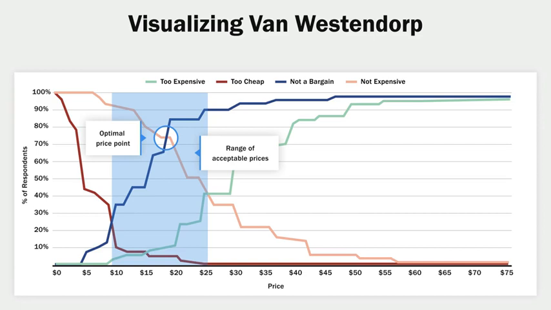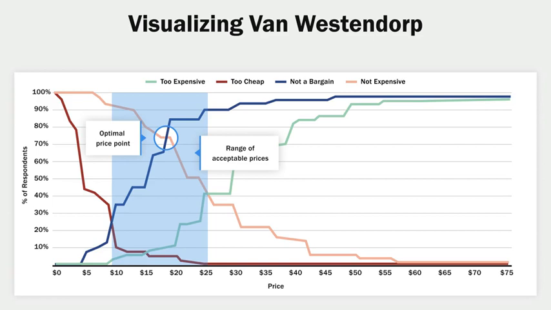We could also do this again for something like the green line, which is the too expensive line. What you'll see here is that at about a $30 price point, about 50% of the responses thought that $30 was too expensive. Now, there's a bunch of different data points around this chart, and there's a lot that has been written and analyzed about how to interpret these different values.